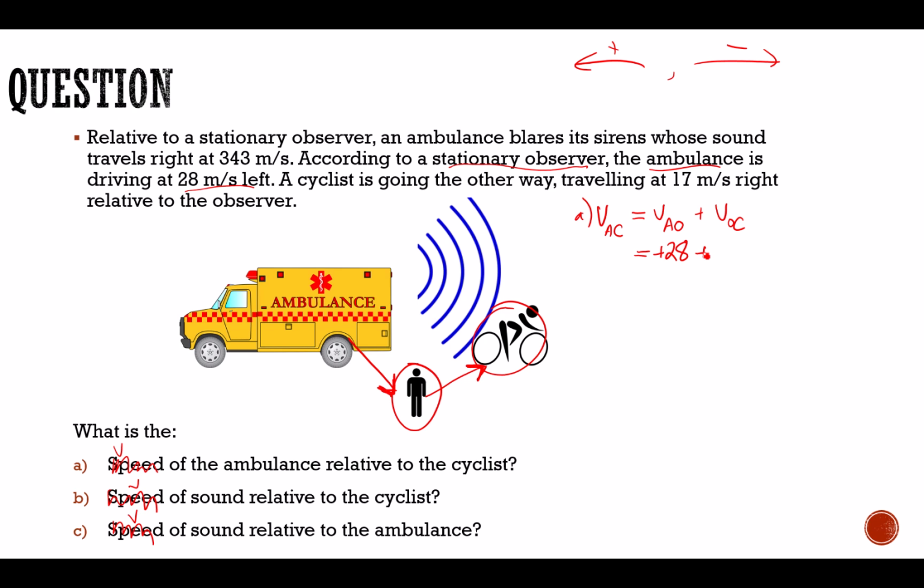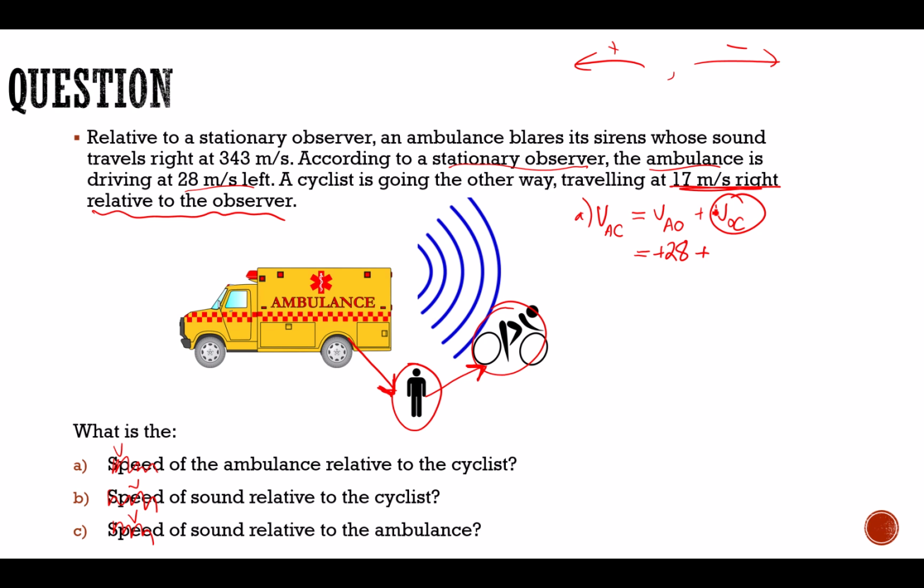All right. So we are told in the last line here, the cyclist is going the other way, traveling at 17 meters per second to the right relative to the observer. So what we have here is the velocity of the cyclist relative to the observer. But what we want to find is the velocity of the observer relative to the cyclist. Now I want you to think back to the train example that I showed you.